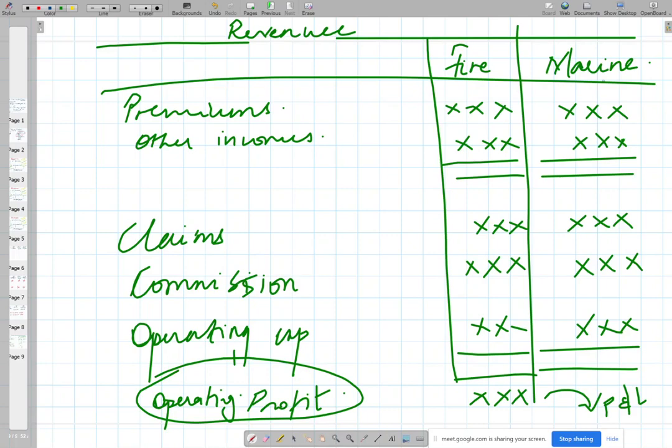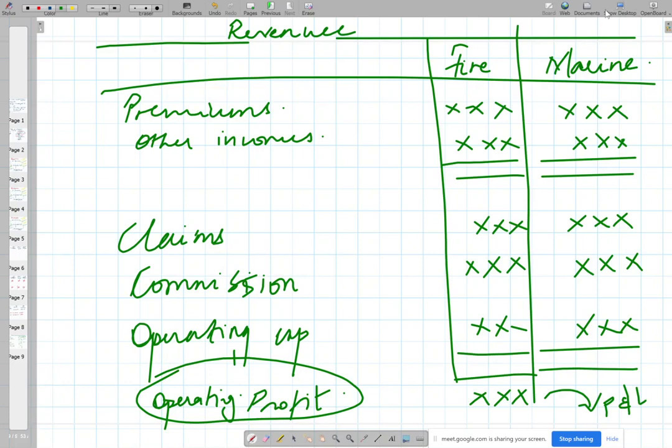General expenses which the whole business incurs, expenses which are not particular to any type of insurance business but are more general in nature, we can put in the profit and loss account.